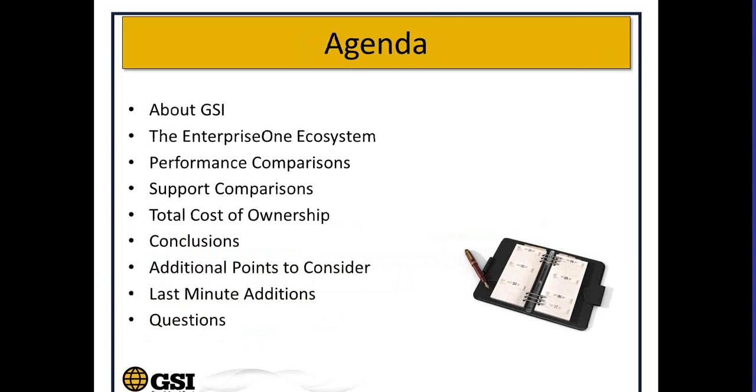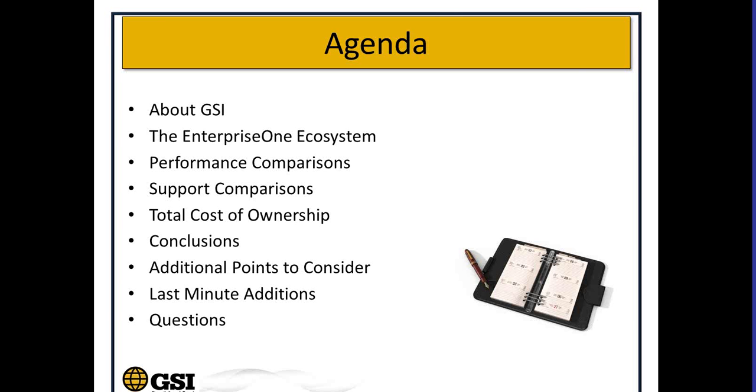The agenda for today. We're going to talk a little bit about GSI, not a ton. Go through the EnterpriseOne ecosystem. What is EnterpriseOne? How has CNC changed? That kind of thing. Do some performance comparisons of various architectures, some support comparisons, try to put some costs along the lines of what it takes to actually support some of these systems, talk about total cost of ownership, go through some conclusions that we can make based on that information, and then some last topics to really think about when you're looking at architectures and making decisions for your own organization.